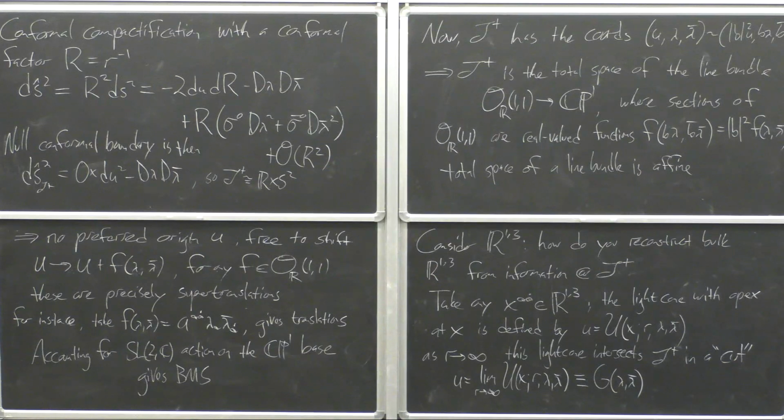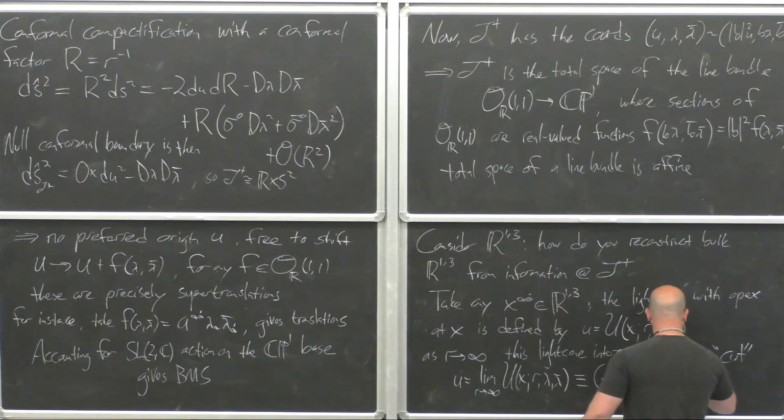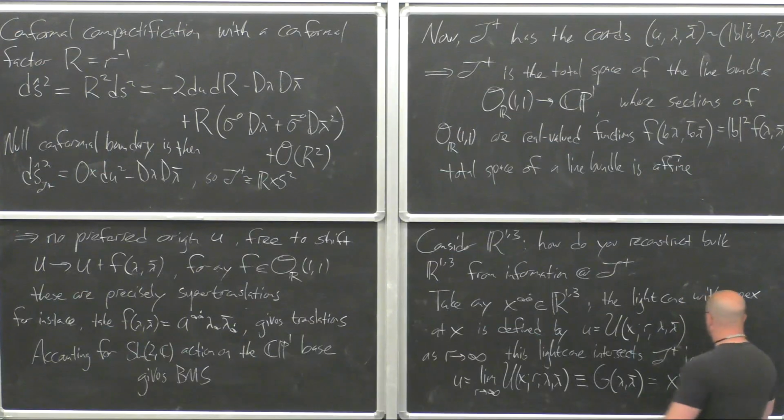And it turns out it's a calculation. You can write down exactly what this thing is. In our coordinate system, this cut function is just x^{αα'} λ_α λ bar_α'. Okay.